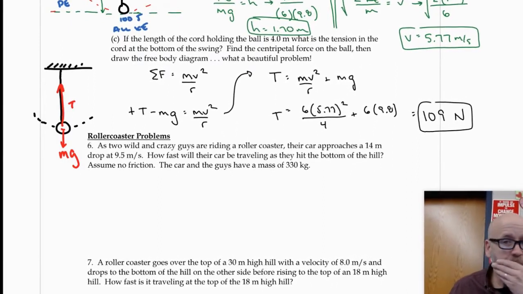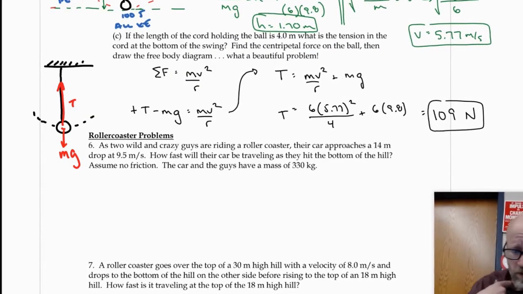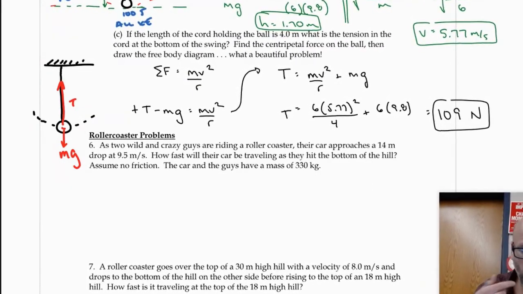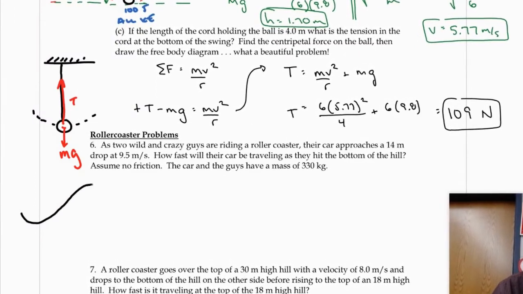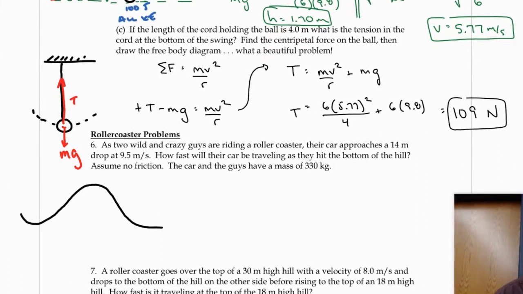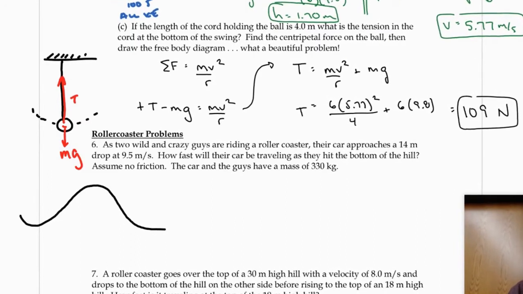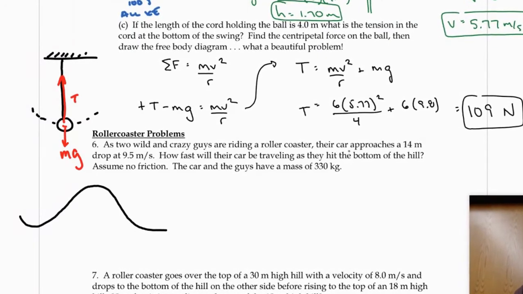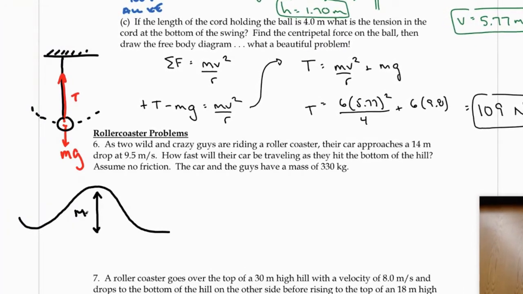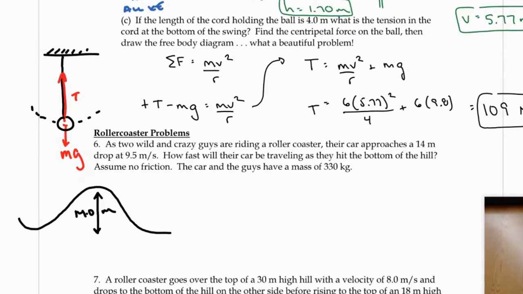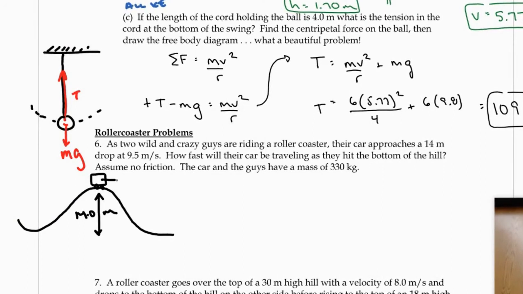Okay. Sounds like we're in the middle of a roller coaster. It approaches a hill with a velocity. So we're not at the beginning. We're somewhere later on. As two wild and crazy guys are riding a roller coaster, their car approaches a 14-meter high hill at 9.5 meters per second.